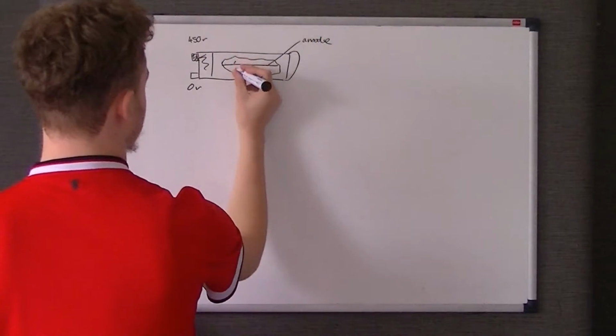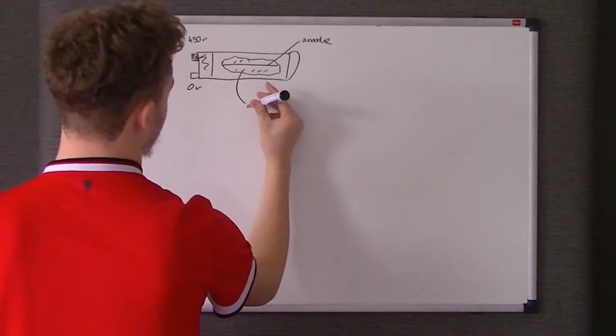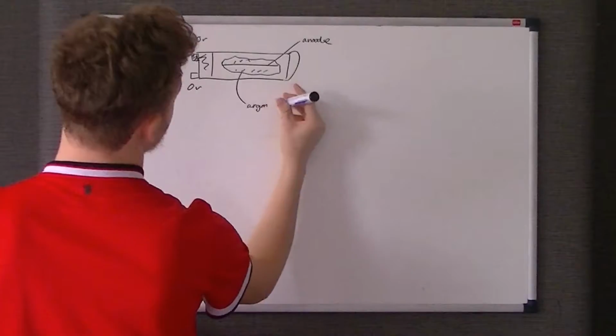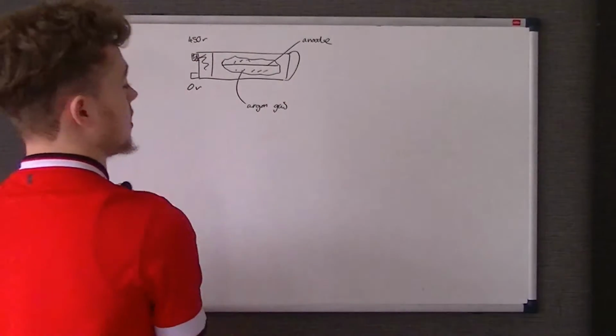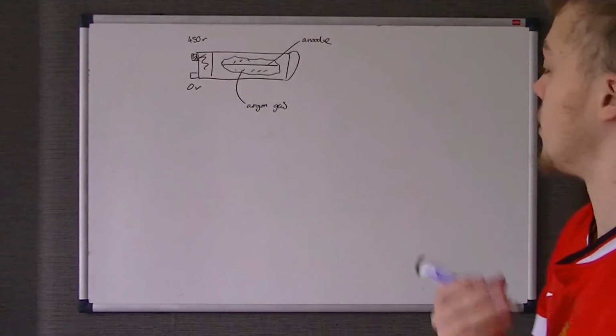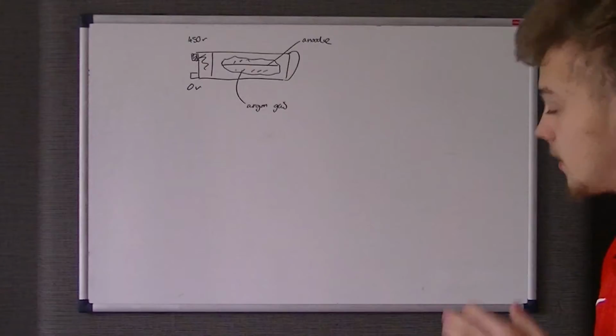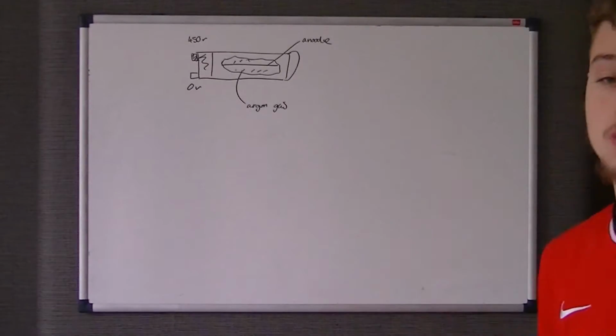Inside the Geiger tube we've got particles of argon gas, which in the periodic table is in group 8, which means it's got a full shell of outer electrons, so it's quite a stable gas. And that's at low pressure as well.